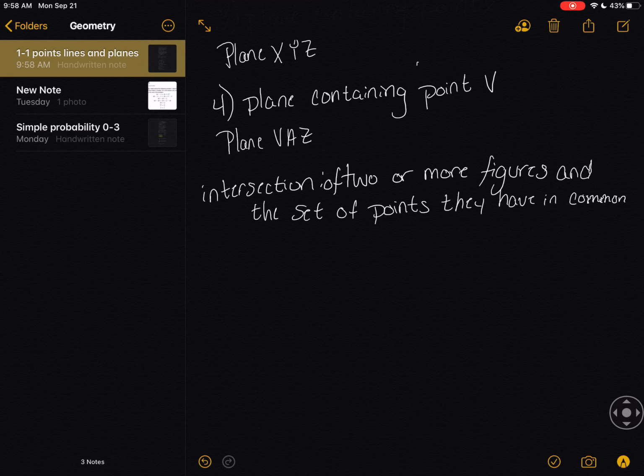So in short, this is the set of points 2 figures have in common.